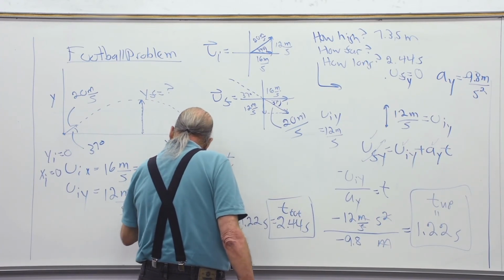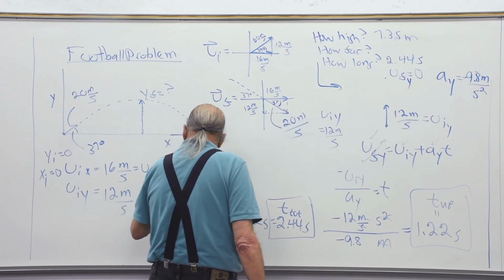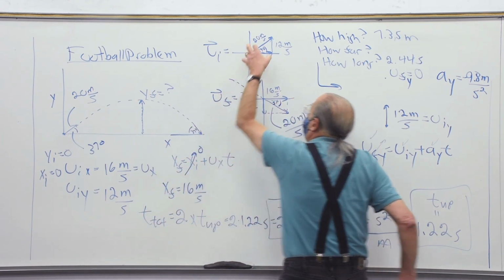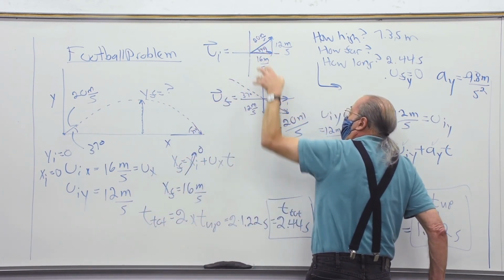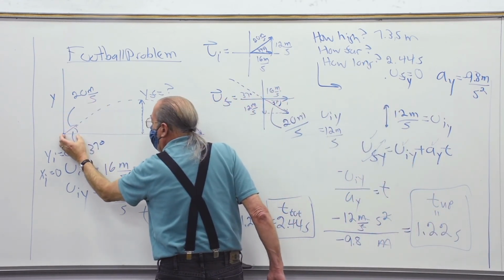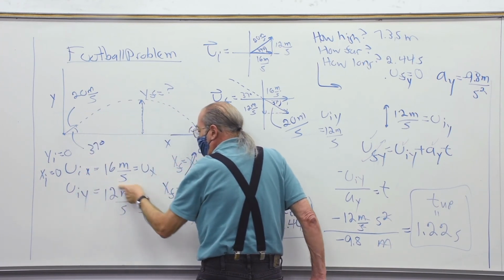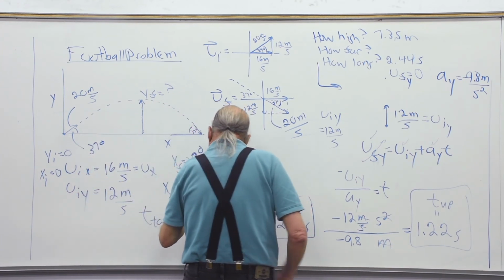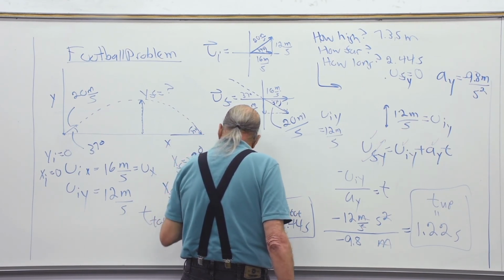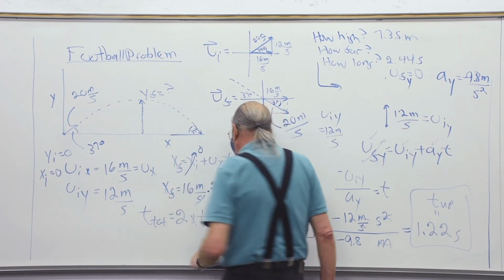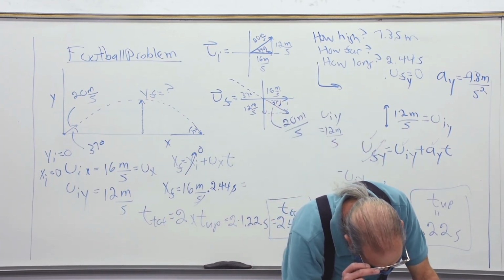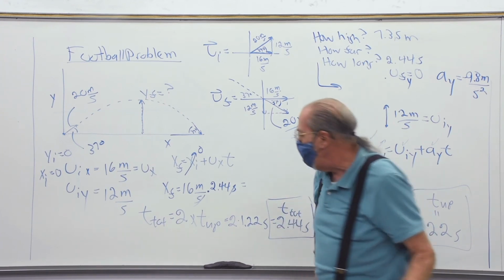So the final x position is 16 meters a second, using this piece of the velocity. You don't use the 20, you use the horizontal component. So it's 16 meters a second times 2.44 seconds. Seconds cancel. And 16 times 2.44 turns out to be 39.2 meters.